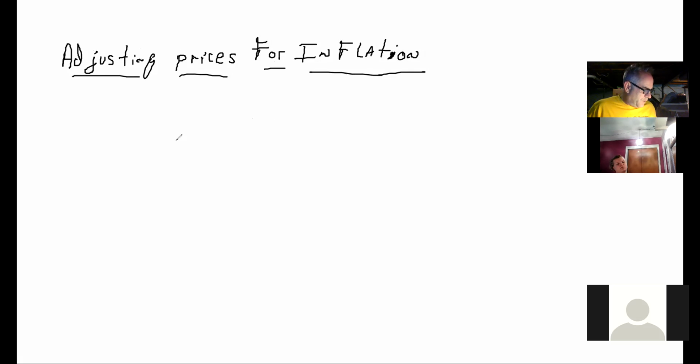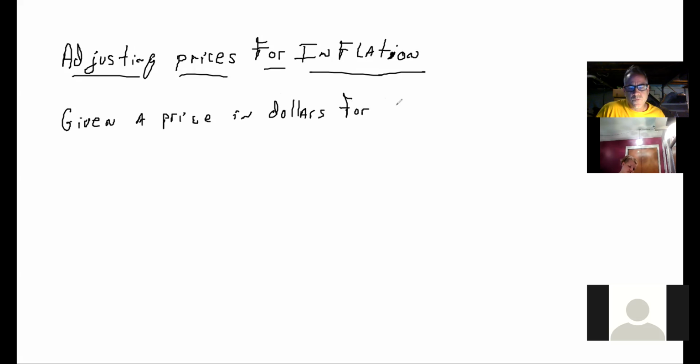Adjusting prices for inflation. Okay. So given the price in dollars for some year, let's write this as for year X. So whatever year that you particularly pull out of there, and we'll notate this as the price for that particular year X. That's all this little bit in parentheses means.